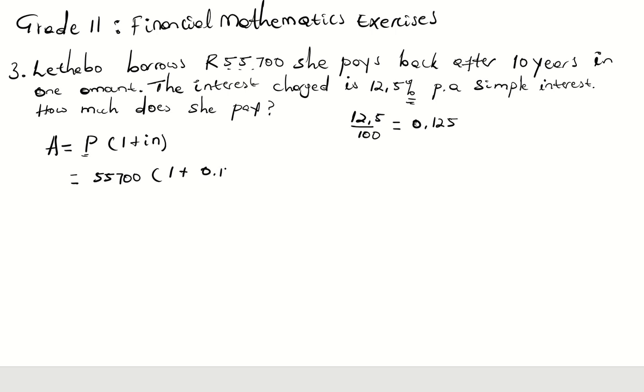So this is 0.125, and we multiply it by the number of years, n. N is our period, okay? And we have it at 10 years. Now this is 55,700 multiplied by 1 plus. How do you multiply 0.125 by 10, you just shift it.